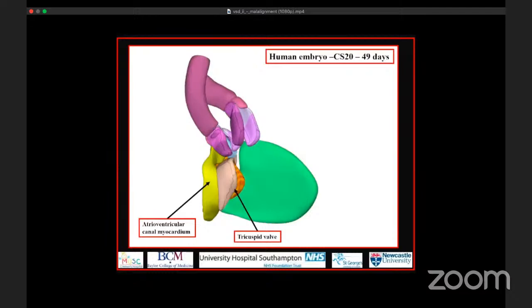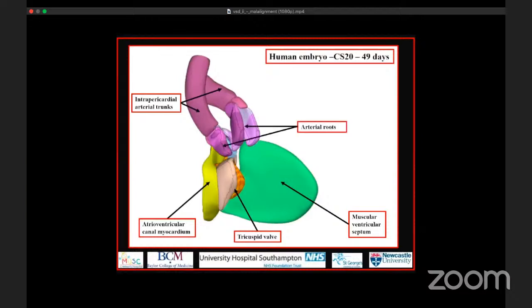And the inlet is now guarded by the developing tricuspid valve. There you're looking at the right ventricular aspect of the muscular ventricular septum. And we've also reconstructed the intrapericardial arterial trunks supported by the arterial roots. And both of the arterial roots are supported by the developing right ventricle. So the only way out of the left ventricle is through the secondary interventricular foramen.